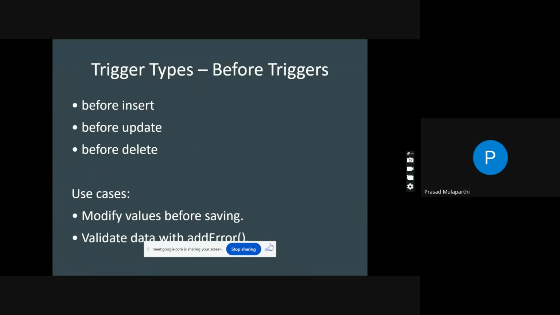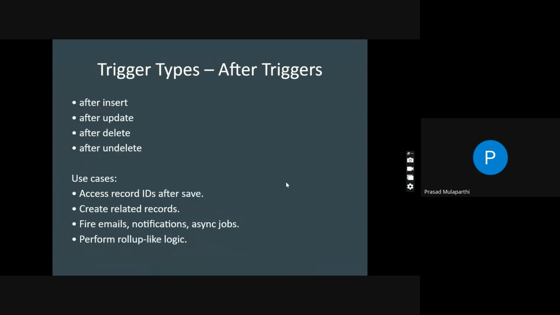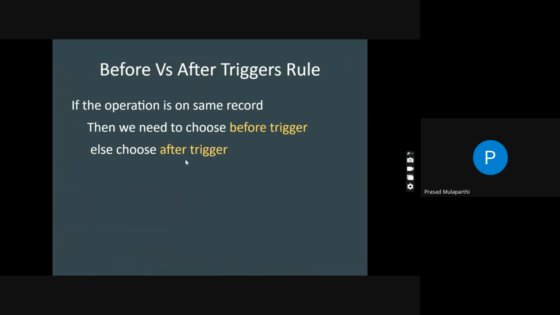And after triggers, we have four operations available: after insert, after update, after delete, after undelete. So the rule of thumb for choosing between before and after triggers is this. If the operation that we want to perform is on the same record, then we should choose before triggers.